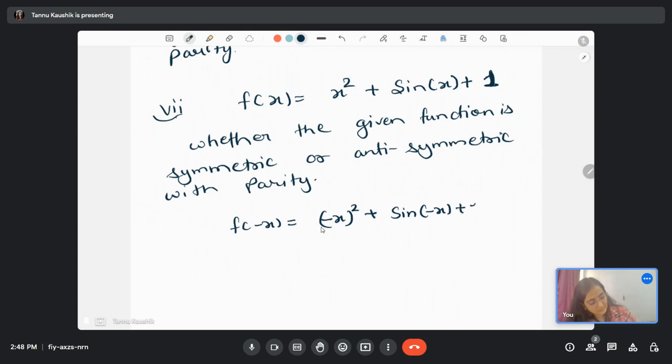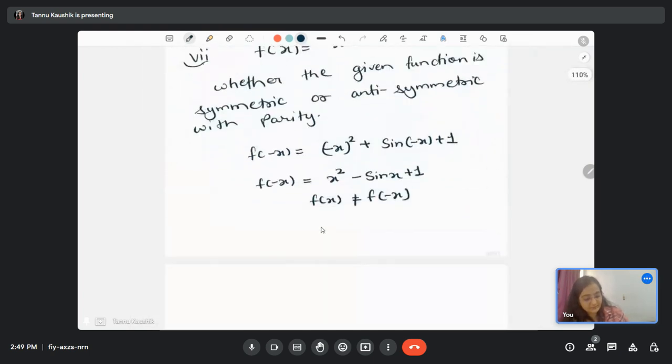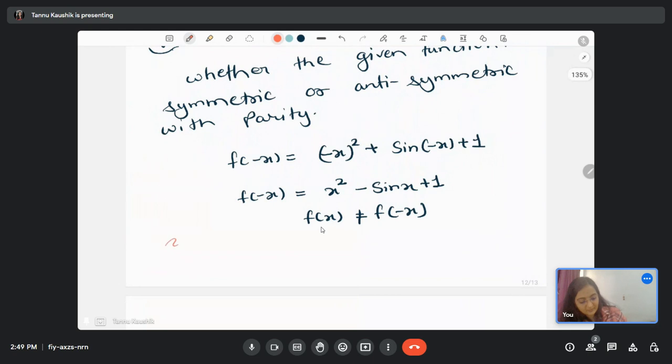So similar to previous examples, we will substitute with minus x. For this we will get x square, but for sine of minus x we will get minus sine x. So f of x is not equal to f of minus x.